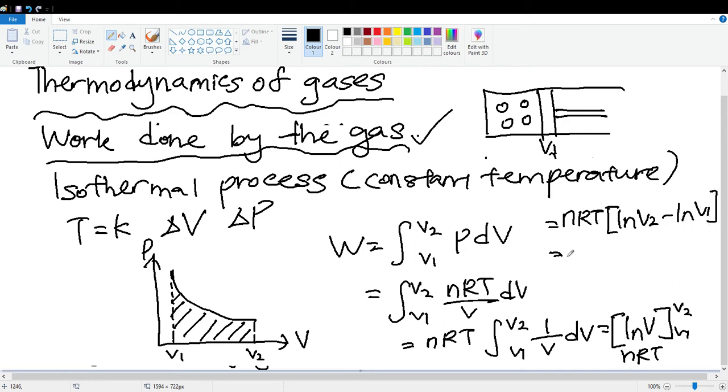If we change the base of ln, the subtraction of the ln is equal to the division, so what we have finally is nRT ln V2 over V1. So this is the work done by the gas at constant temperature.